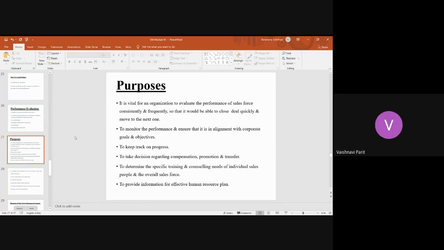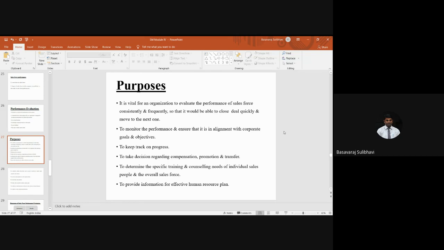Yes. Okay, fine. Next we have the purposes. Why do we have performance appraisal, or performance evaluation, in the organization?